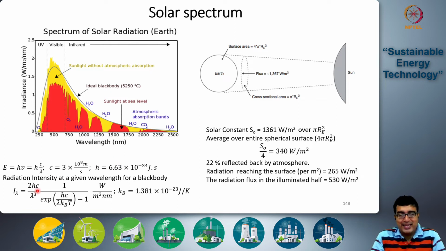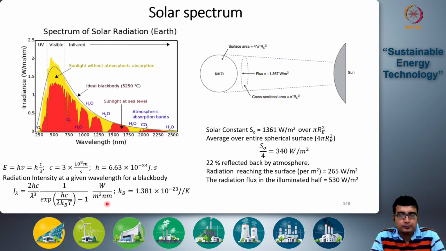The radiation intensity at a given wavelength for a black body is given by I lambda equals hc by lambda cubed, times 1 by exponential of hc by lambda kB T, minus 1. This is in watt per meter square nanometer.